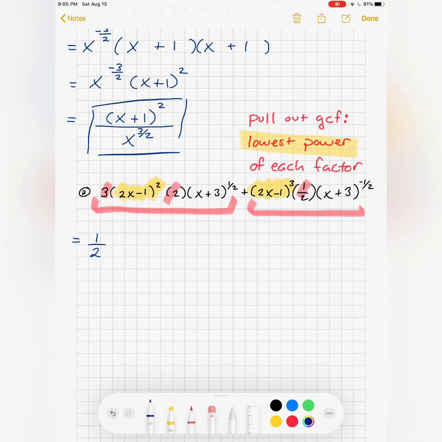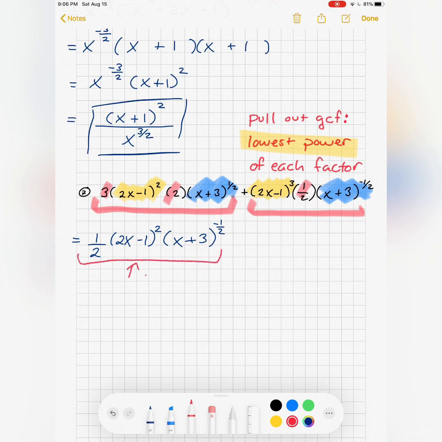That's straightforward. I'm going to take the lowest power, so that'd be the squared. Then there's the x plus 3s. The lowest power there would be the negative. So all of this is the GCF.